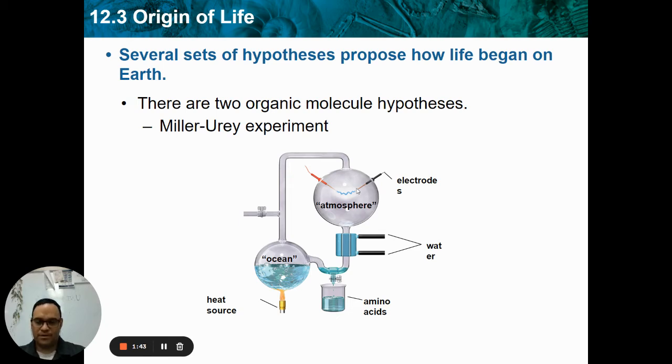water vapor. And then when you take this water vapor and you funnel it through, you put in a bunch of the chemicals that were around in the atmosphere at that time, things like ammonia, methane, stuff like that. And there was no oxygen, as far as we believe at that time.